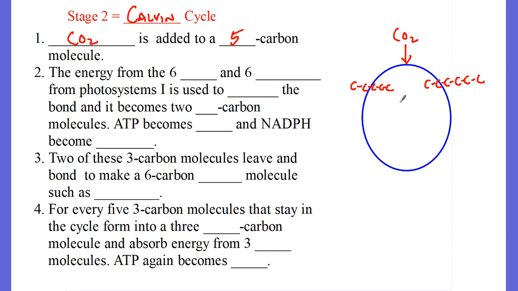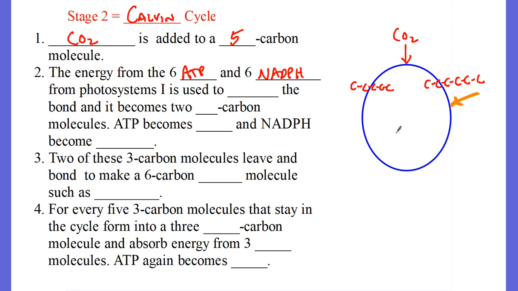That makes 6 carbons. Well, guess what happens is we have the energy is coming in from 6 ATP molecules and 6 NADPH molecules. So what do I have here? I have energy coming in. I'm going to have this energy coming in here as this orange type arrow. This energy is coming in.